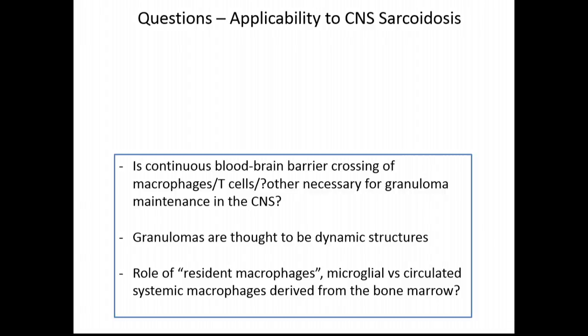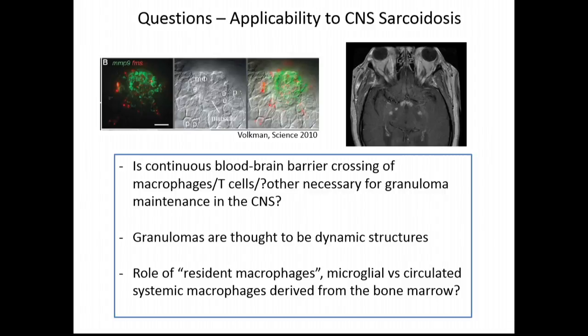And there's some interesting data if you look at zebrafish models of mycobacteria, because understanding this is not just going to help us with sarcoidosis. This could also help us with treating TB or really any infection that relies on granulomas. What you see here is that these macrophages continually come and go.